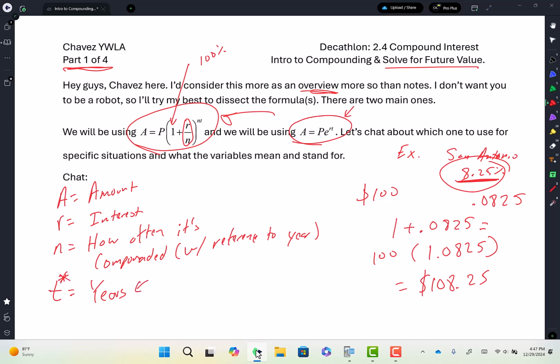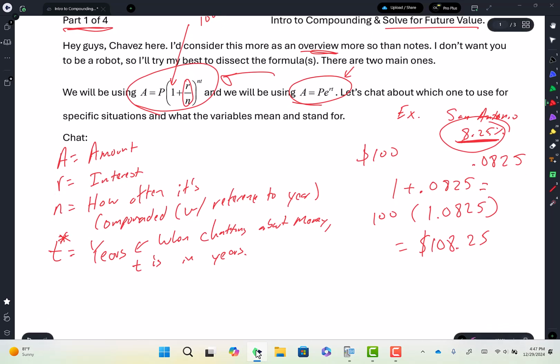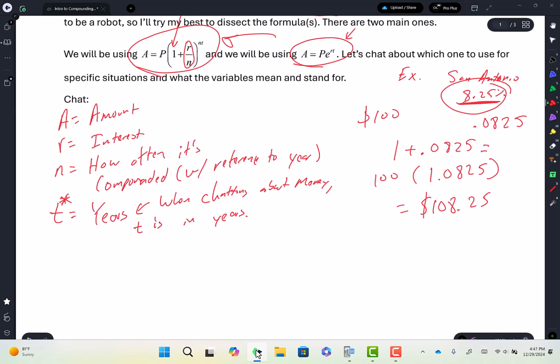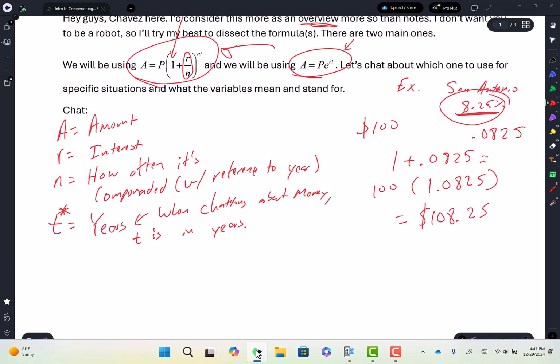So when chatting about money, t is in years. We'll do problems later on where it's not in reference to a year. If you read a different textbook, they might say something different. It just depends on the reference, so just keep a note of that.